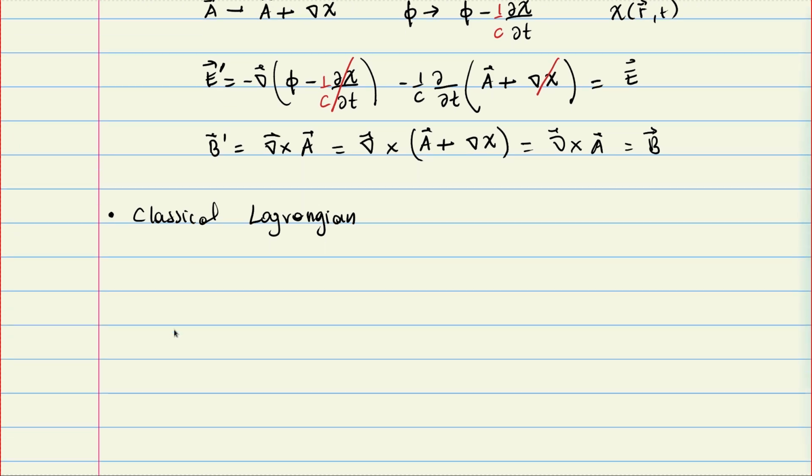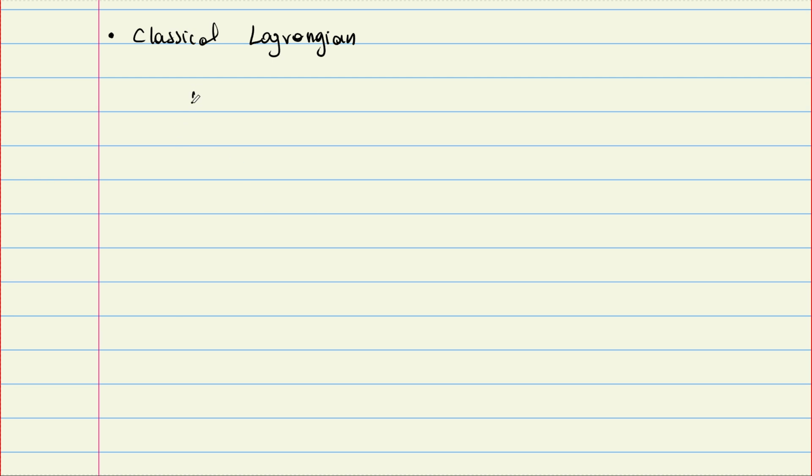The classical Lagrangian is L equals 1/2 m v squared minus q phi plus q over c v dot A. Here v is equal to dr/dt.